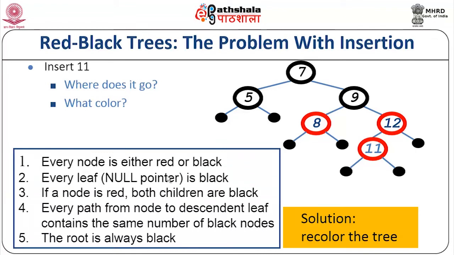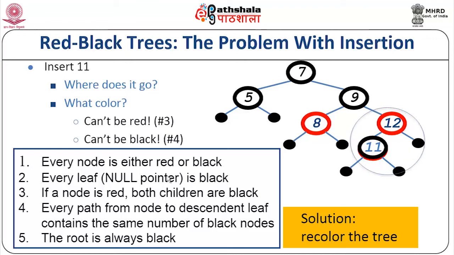If you color it red, what will happen? Property 3 is violated. If you color it black, what will happen? The number of black nodes on the path property is violated, because through 9 the path has only 1, but when you go from 9 through 11 you have 2. So, property 4 is violated. So, the solution is to recolor the tree.